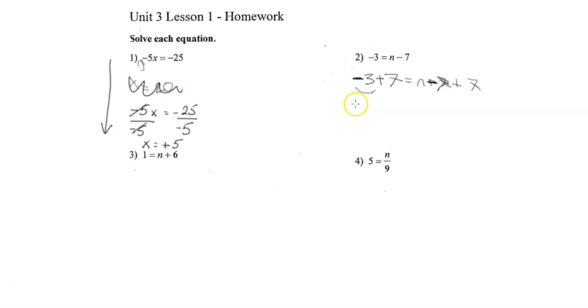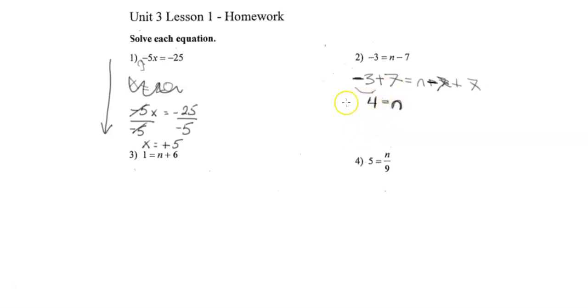Remember, we're not multiplying or dividing. You have to think of your number line. Start at negative 3 on your number line and add 7 to it. 4? There you go. So 4. All right, question 3.